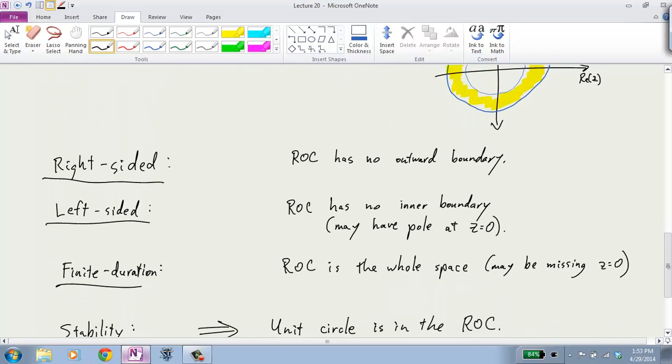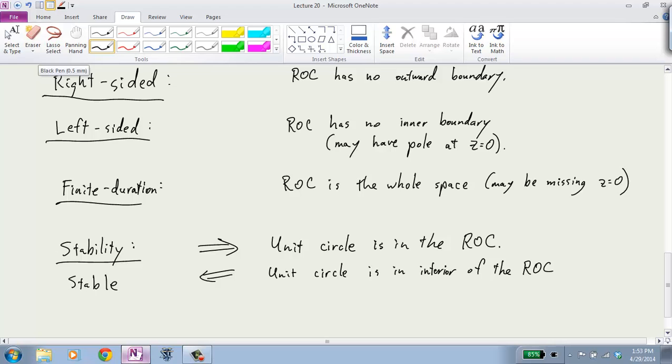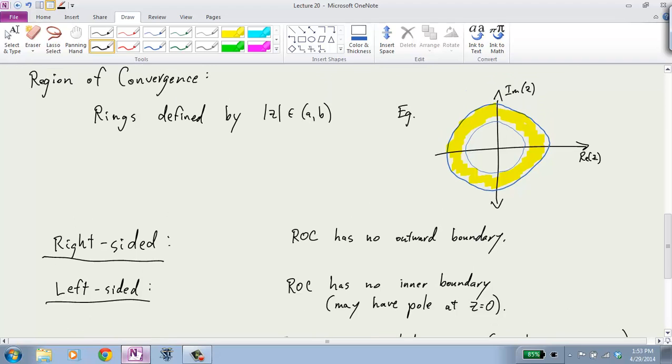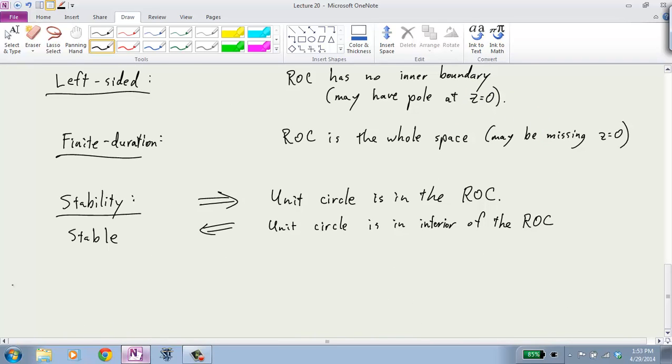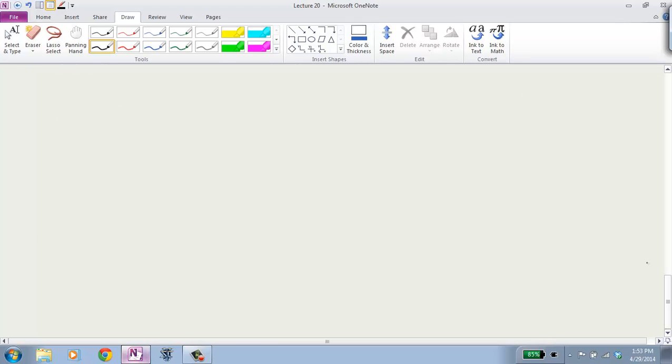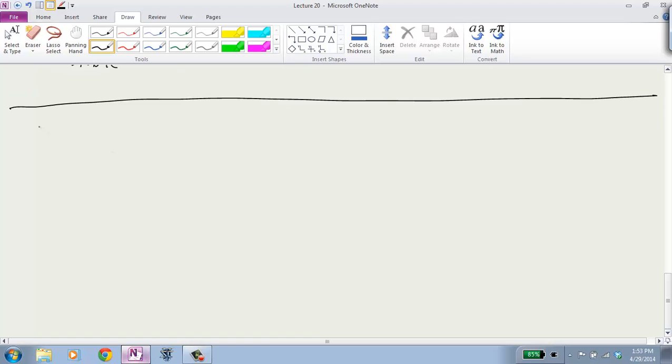Okay, so let's look at some properties of the Laplace and Z transform that are going to be very useful. So first of all, we have linearity.